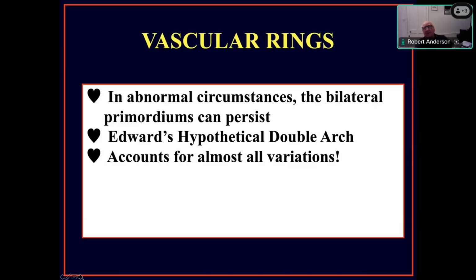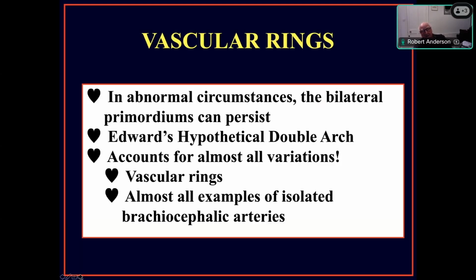And on the basis of the hypothetical double arch, we can account for almost all variations that we find in terms of vascular rings. I'm not going to be able to show all of them to you, but I can show you how we can use the hypothetical double arch to explain what is going on in terms of vascular rings, but not only vascular rings.